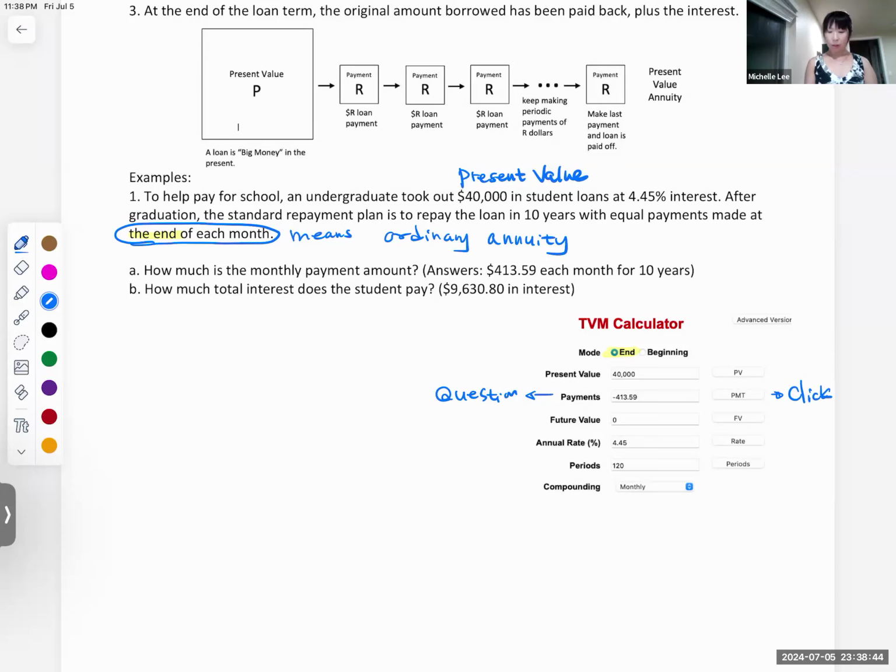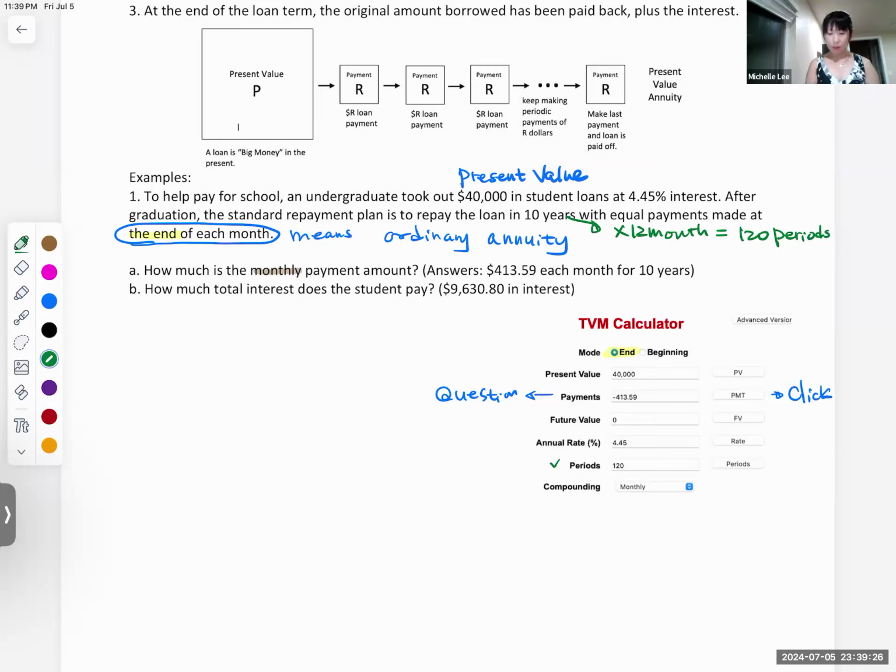Period. They said monthly, so there is a monthly. The period is 10 years times 12 months, equal to, we have how much? 120 periods, right?